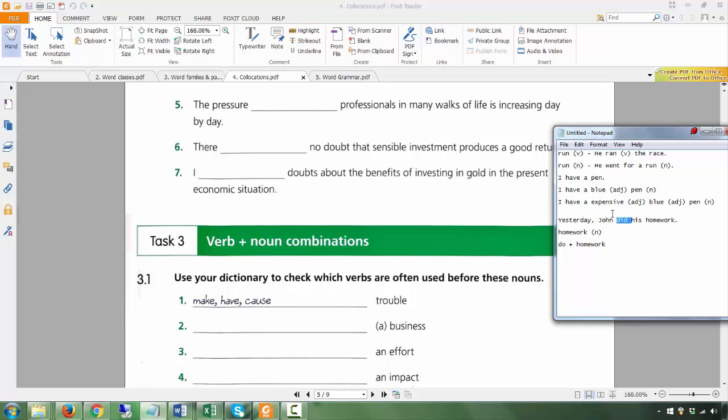But if someone says John made, past simple, made his homework, it'll be a bit awkward. It's wrong. It doesn't go together, but you would still understand what he's trying to say. Okay? But it's just wrong. So what you need to do, and collocations, as I mention to my students very often during my classes, the word collocation is actually in the IELTS band descriptors, a document which is available online.